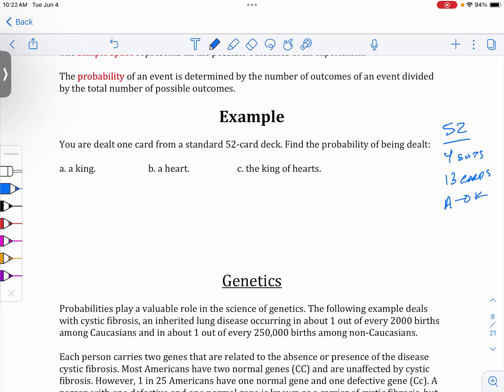Ace, 2 to 10, jack, queen, king. So a single king, basically there are 4 kings, one of each suit. So the probability of getting a king is 4 out of the total number of cards, 52.